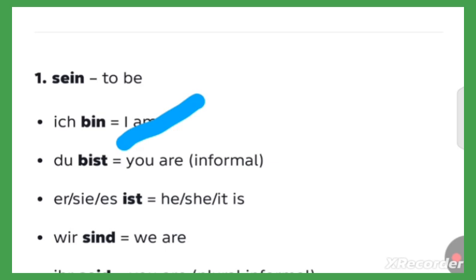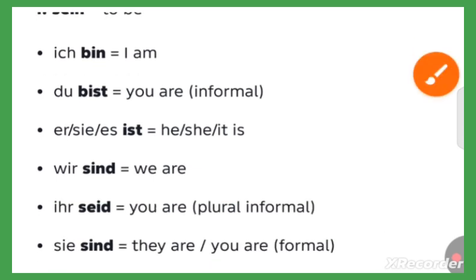You can never use it with anything else. So you say du bist, and this is informal. Du bist meaning you are. For example, I can say du bist Peter, you are Peter.